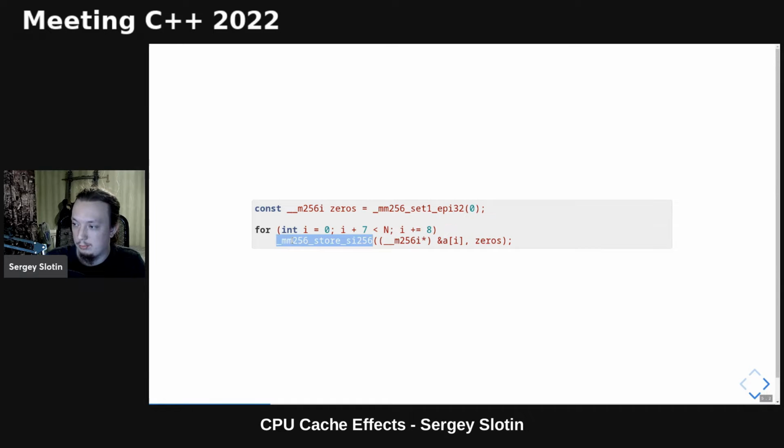So this intrinsic moves 8 zeros, or a full vector register of 32 bytes, into a specified location, and we iterate in steps of 8 elements. So with one instruction, we fill 8 elements with zeros.